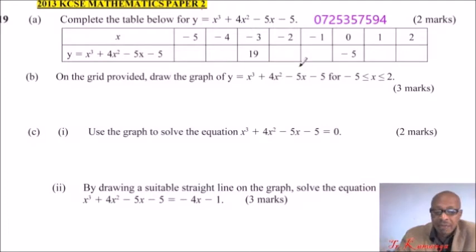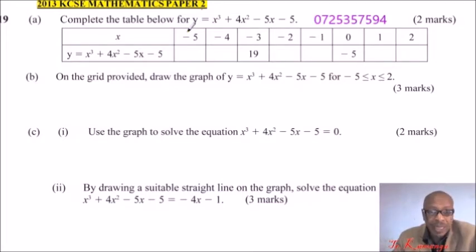Here you have x as minus 5. You put the bracket, put minus 5, close the bracket, press the raise button to put power, and it is raised to power 3. Then you add 4.